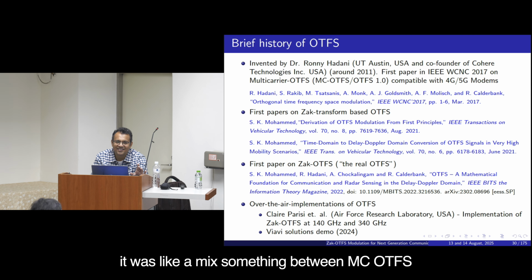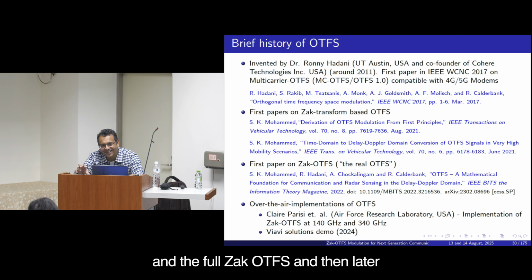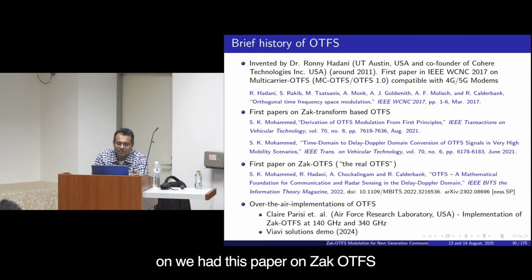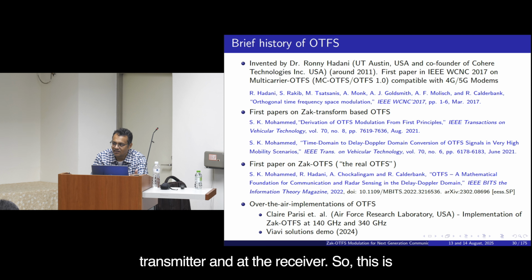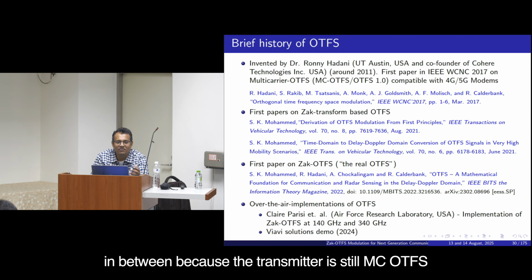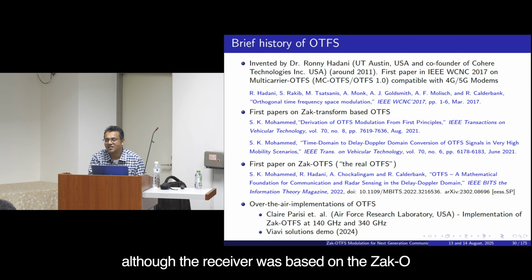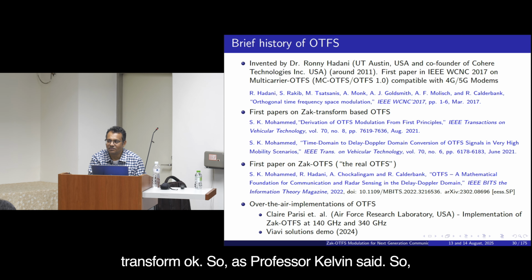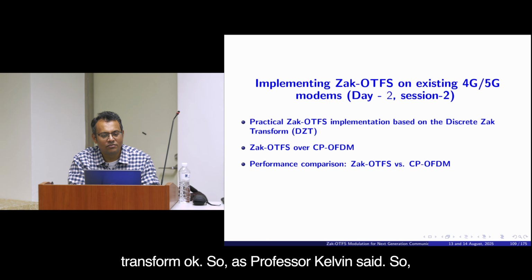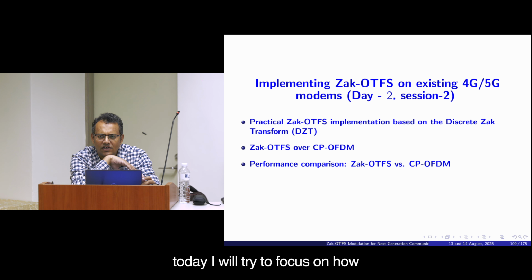So it was a mix, something between MCO-TFS and the full ZAAC OTFS. Later on we had the paper on ZAAC OTFS, where you have ZAAC OTFS both at the transmitter and at the receiver. So this is the complete thing. This one is in between, because the transmitter is still MCO-TFS, although the receiver was based on the ZAAC transform.